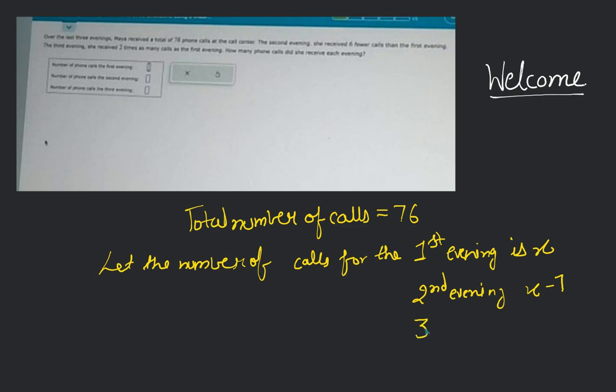Yes. Okay. Similarly, for the third evening, it is given that she received two times as many calls as the first evening. So the first evening is x, then the third evening will be two times x.